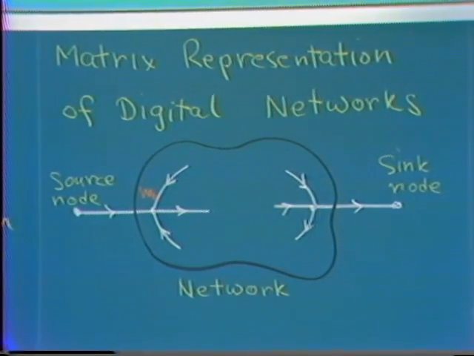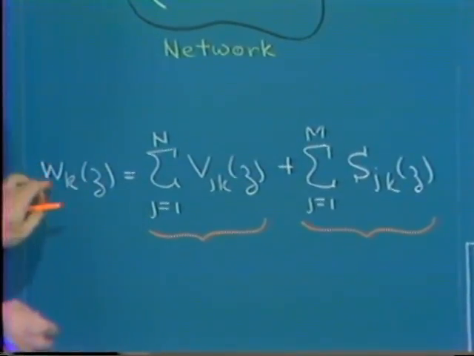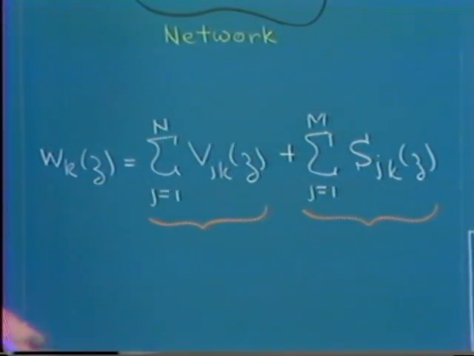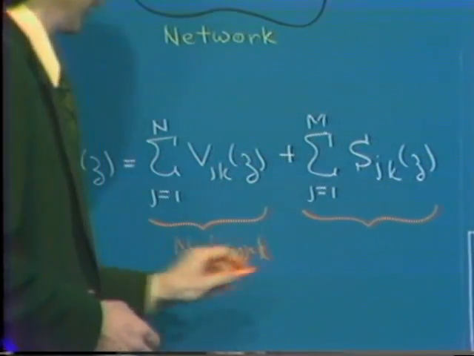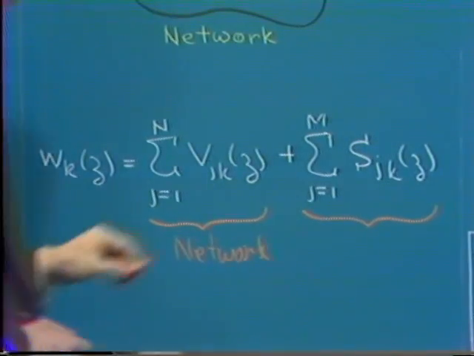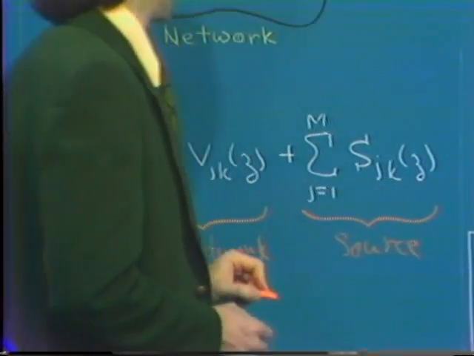The algebraic equations that the flow graph corresponds to is a statement of how the node variables are related to each other. And just to remind you of how that's generated, and I'm expressing this now in terms of the z-transforms of the node variables, the z-transform of the kth node variable is the sum over the network nodes of the branch outputs, that's indicated here, plus the sum over the source branch outputs.